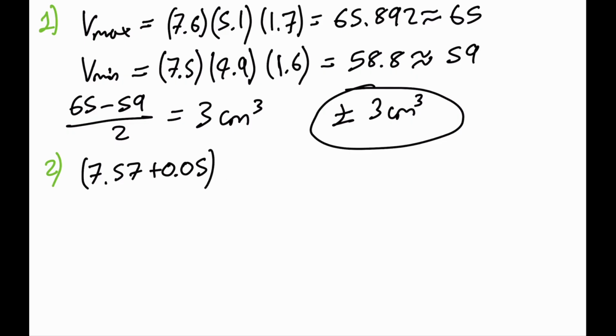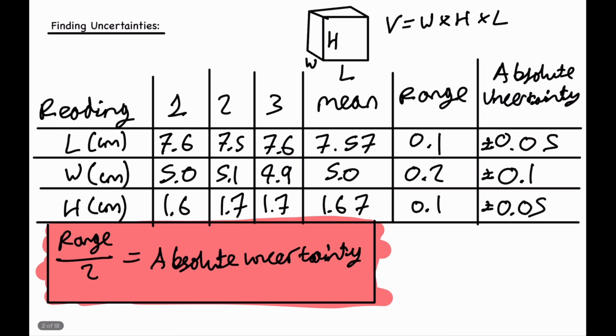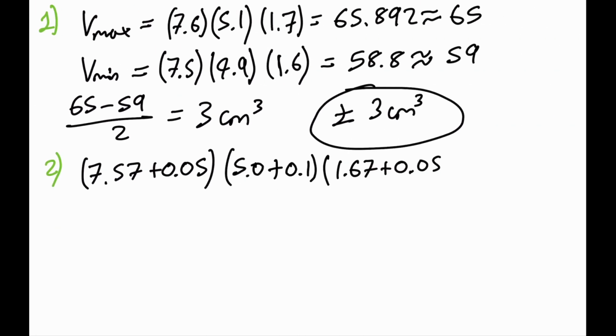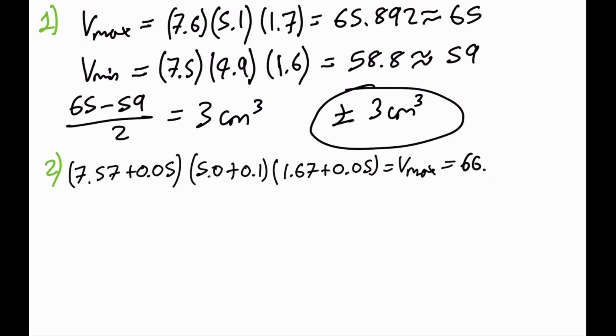And then because we're multiplying each one to find the volume, so width times height times length, we're going to multiply it by the maximum, which would be 5 plus 0.1 and 1.67 plus 0.5 to get our maximum value of the volume, which we get as 66.84, and we can just approximate this to be 67.